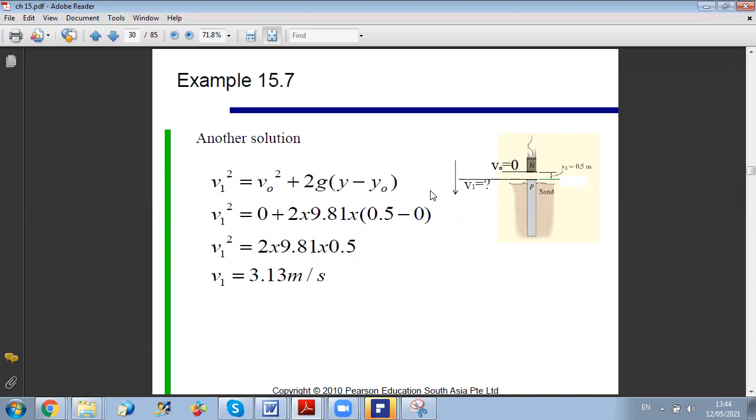Okay, because this is the relation when I have constant acceleration. Here we took the downward direction as positive, so we put g in place of a. And y is counted downward, so y final is 0.5, y0 is 0, then you can get the final velocity. Of course you will get the same result, whether you use projectile analysis or the conservation of mechanical energy. Both will give you the same velocity before collision.